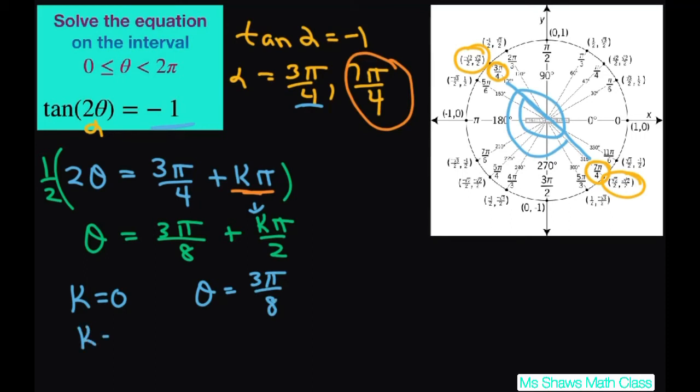If k is 1, we get 3 pi divided by 8 plus pi divided by 2. What happens is we need a common denominator, so multiply this by 4, this by 4. So this is going to give you 7 pi divided by 8.